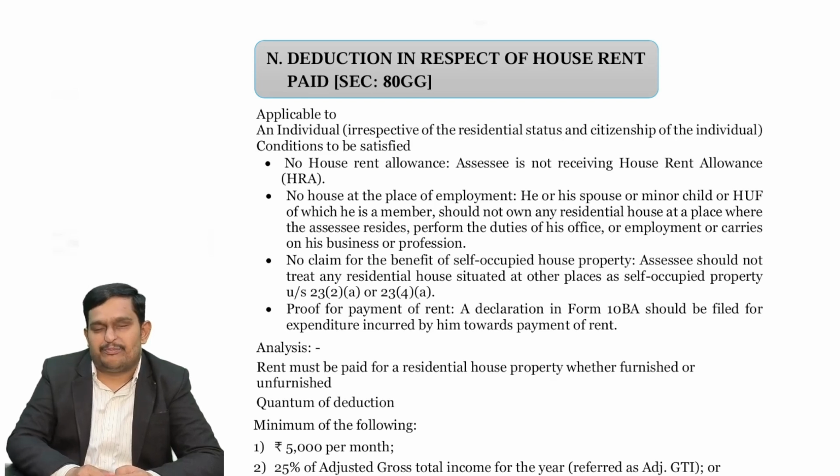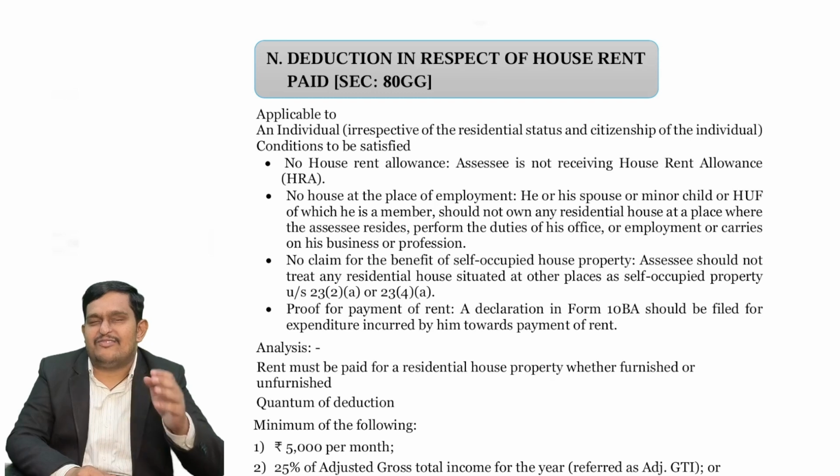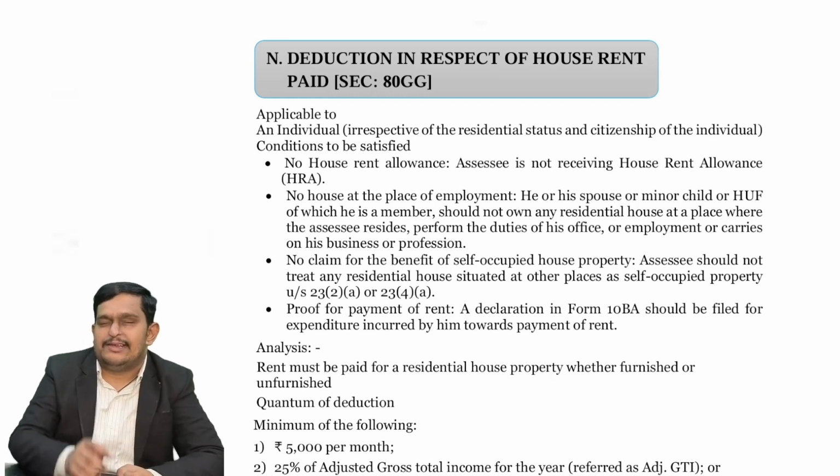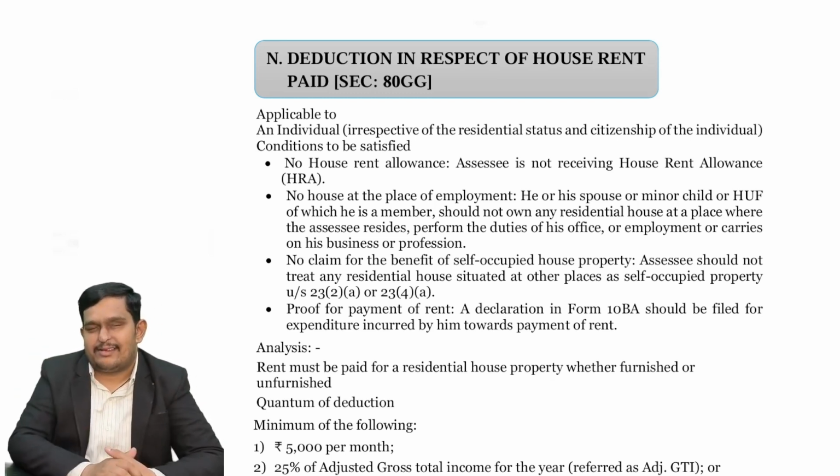Now, he is not even holding any other self-occupied house property in any other place. Under section 23 subsection 2a or section 23 subsection 4a, they talk about occupation of property at other places, other than the place of employment or the place of business or profession.